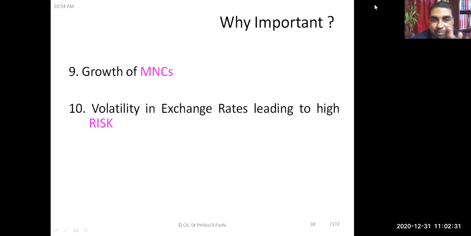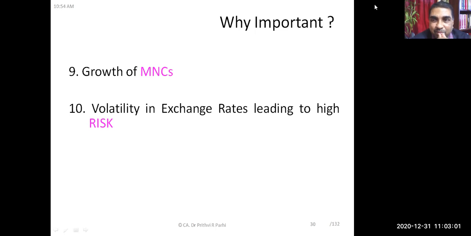Then one more reason is the volatility of exchange rates. These days, if you see the data of the past few years, the exchange rate volatility has increased. Earlier, let us say exchange rate volatility was around 2% in a year. Now it has maybe gone around 10%. That means fluctuation is more. When fluctuations are more, risk is more.